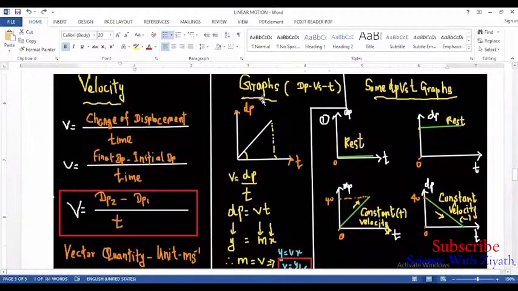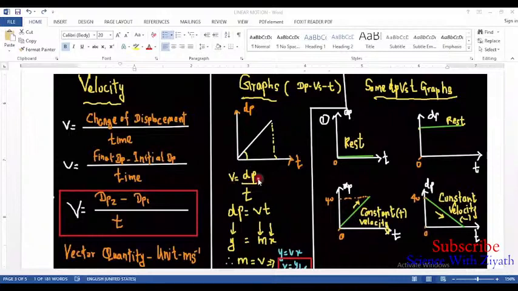And if you look at this one, the displacement time graph says a different idea, a very important part. We know the velocity is equal to displacement over time, or change of displacement over time.